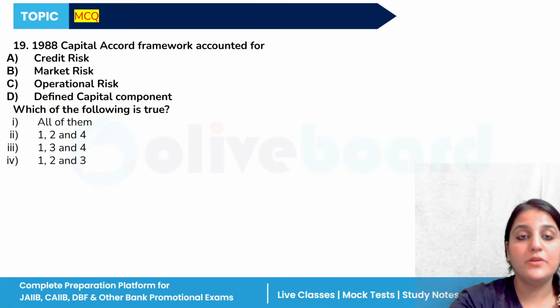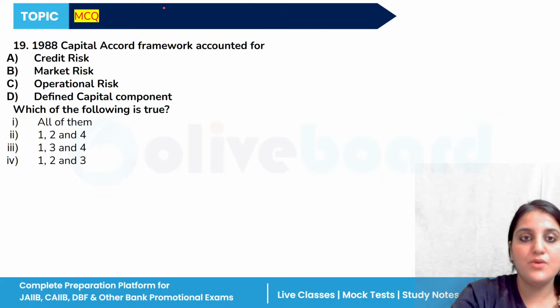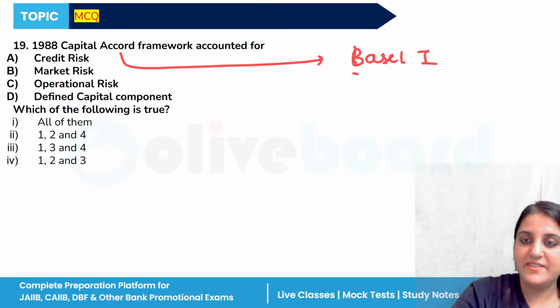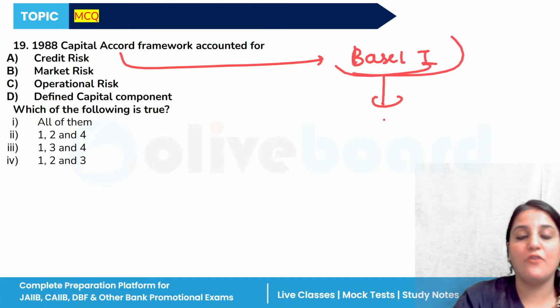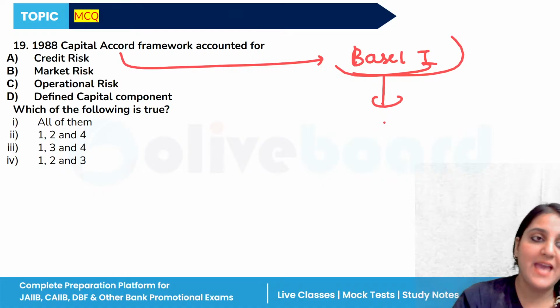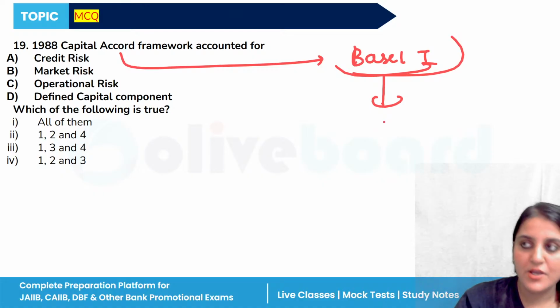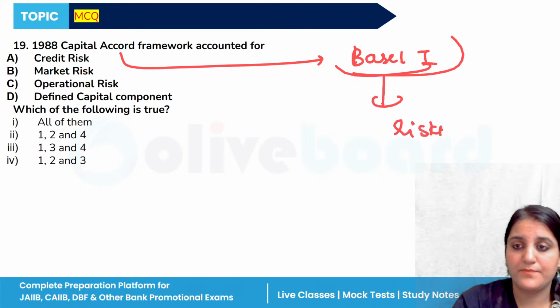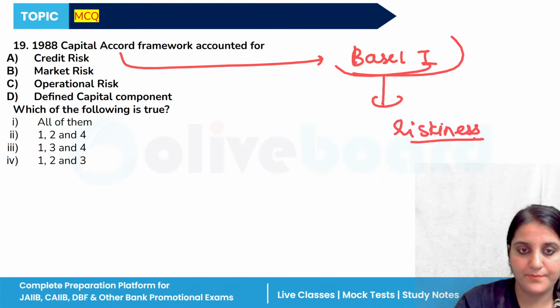The 1988 Basel Capital Accord is also known as Basel I. It is the earliest of the three Basel Accords and introduced capital reserve requirements for banks, based on the riskiness of their assets.